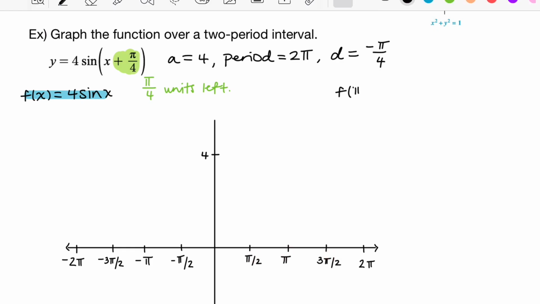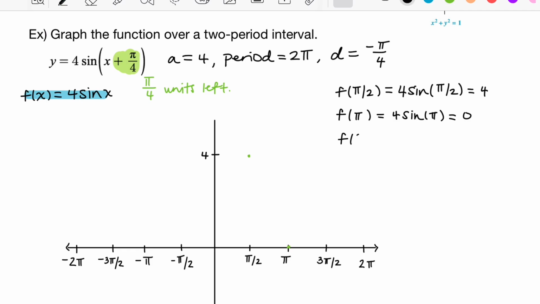So first looking at pi over 2, and remember we're graphing this guy first. So this will be 4 sine pi over 2. Sine of pi over 2 is going to be 1, so this will give us 4. F of pi here, we'll get 4 sine pi. Sine of pi is 0, so we'll just get 0 here.